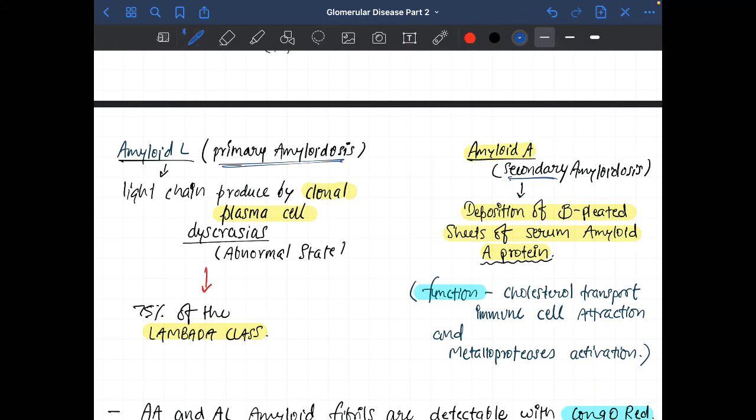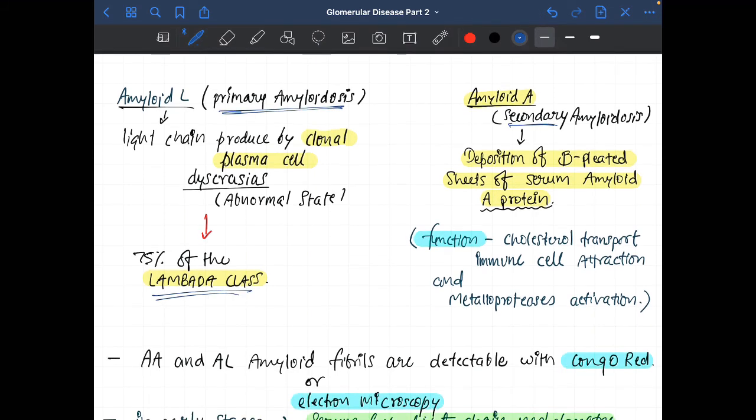This is for 75% of cases and the remaining 25% is amyloid A. The function of amyloid A is cholesterol transport, immune cell attraction, and metalloprotease activation. So it will activate metalloprotease, transport cholesterol, and attract immune cells. So there will be destruction of the glomerulus because of the immune cell attraction, and cholesterol transport will be increased because of this, so there will be high chances of atherosclerosis.